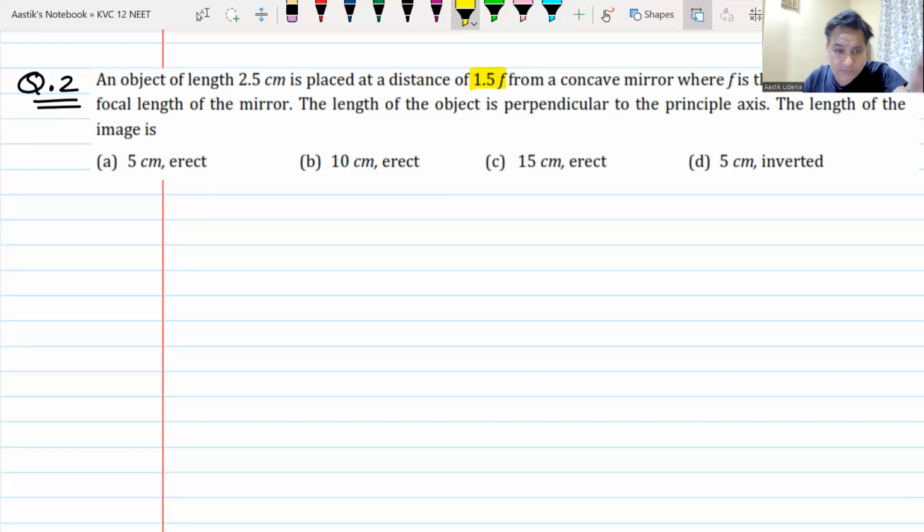You have to also tell from the answer whether it is erect or whether it is inverted. I'm giving you 1 minute and I'm hopeful that you are going to solve this question and tell me the answer. And you will not disappoint me in this question.